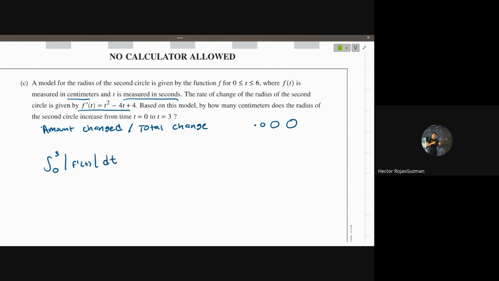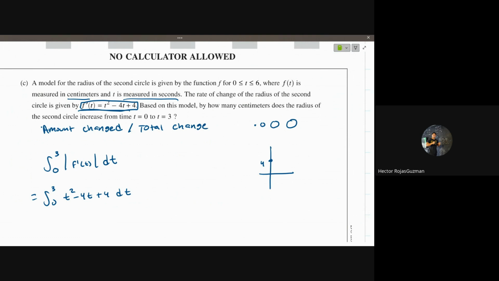So you can write it as the integral from 0 to 3 of t squared minus 4t plus 4 dt. We can actually take off the absolute value because from 0 to 3, this function is strictly increasing. It's a parabola with a y-intercept of 4. So when you plug in 1, you don't have to graph it, right?